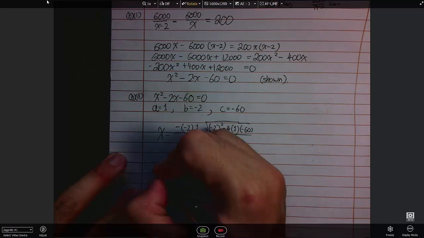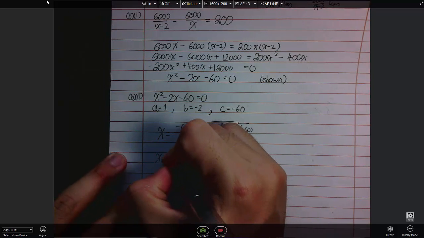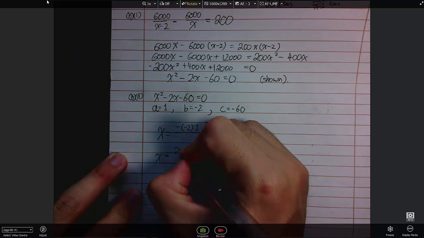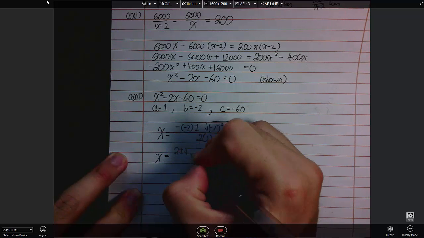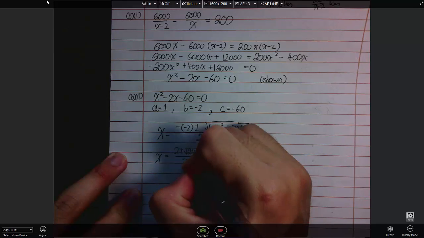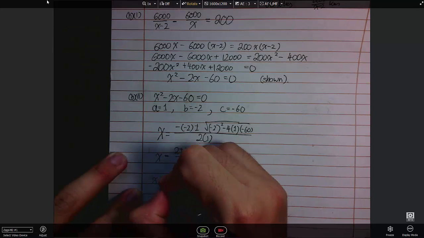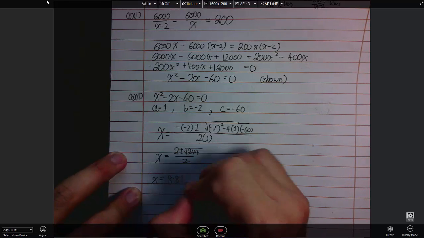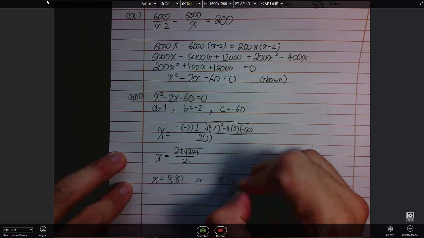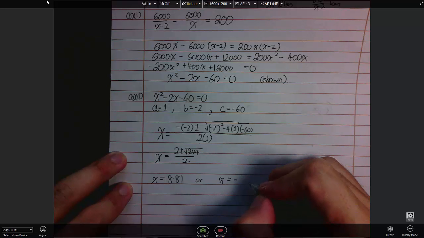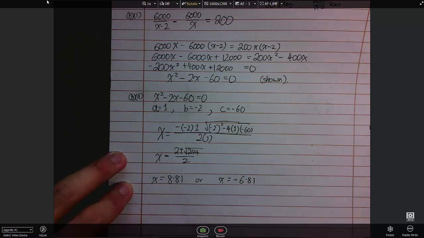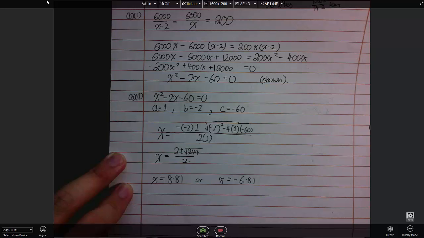Then I carry on. I say that x equals 2 plus minus square root of 244 over 2. What happens here is my x value is 8.81, or my x value is -6.81. Both of them are correct to 3SF.